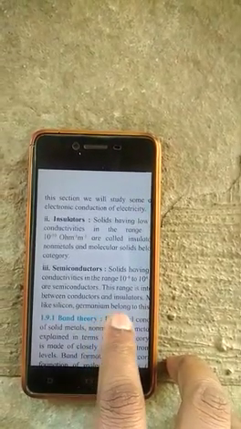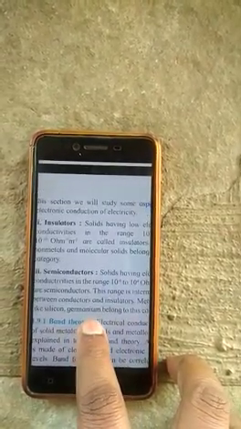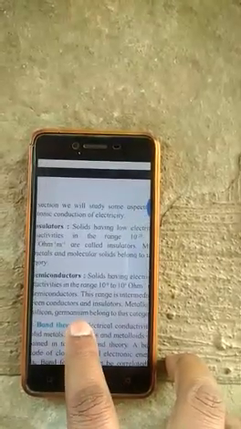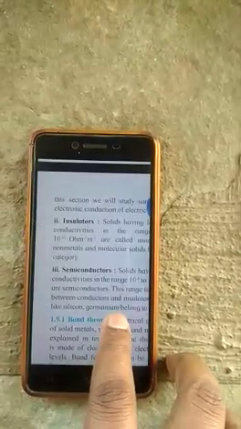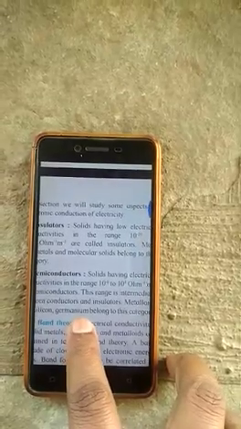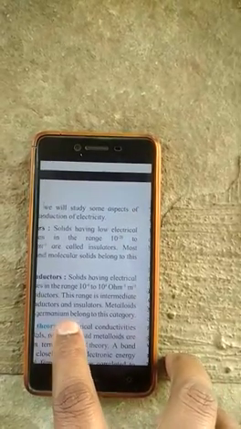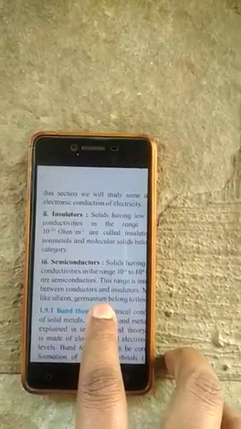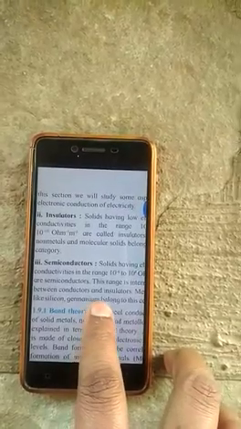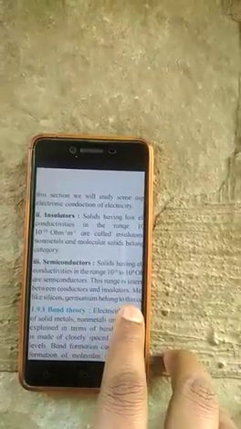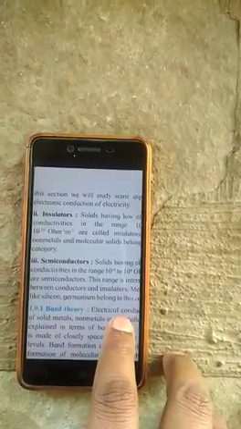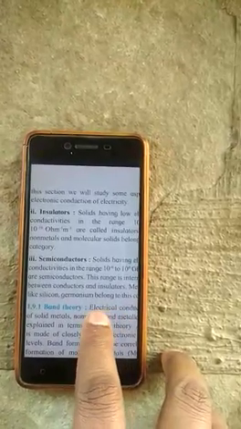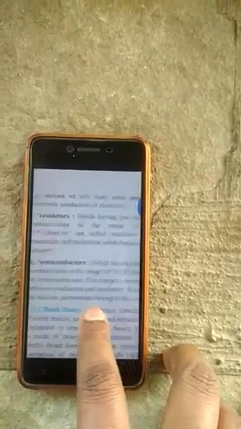Semiconductors means solids having conductivity in the range of 10 raised to minus 6 to 10 raised to 4 ohm inverse meter inverse are called semiconductors. This range is intermediate between conductors and insulators. That means semiconductors show 50% conductivity and 50% properties of insulators.